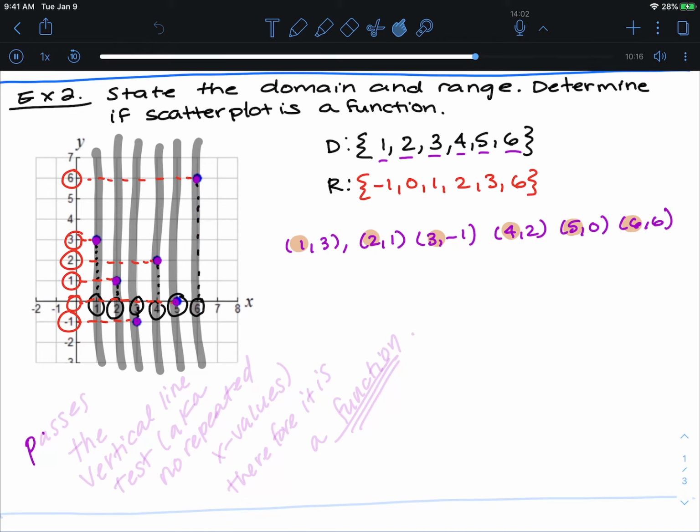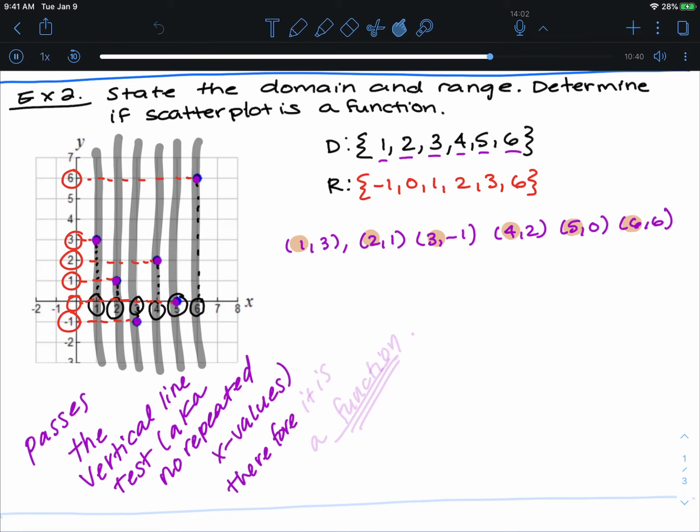Therefore, this one passes the vertical line test, aka no repeated x values. Therefore, it is a function.